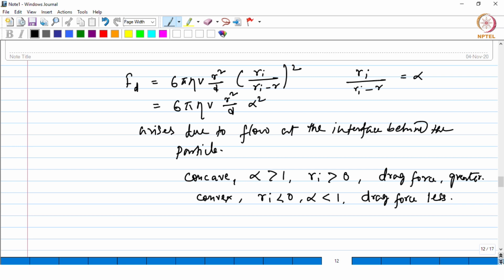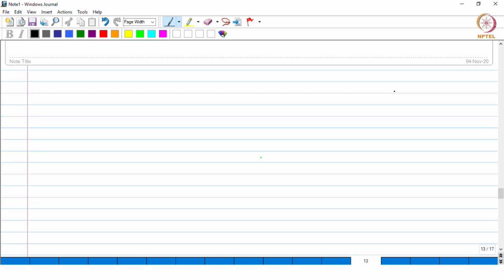Now the third one is the force due to interfacial energy Fi, which arises mainly due to the difference between the solid particle interfacial energy and the solid liquid interfacial energies.